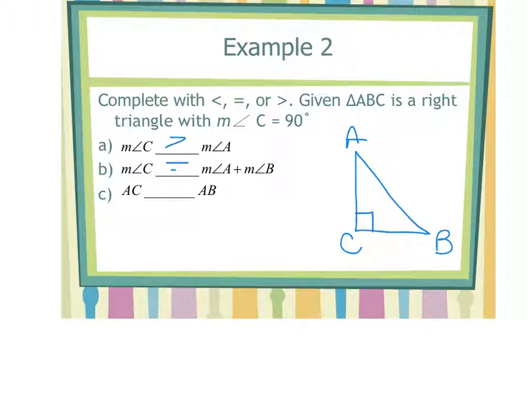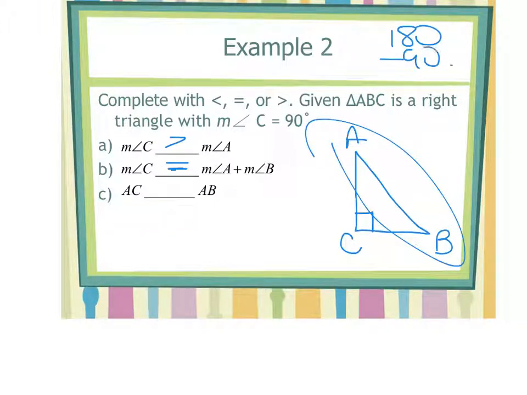We learned a corollary. Remember, these two angles are complements. So if you have a right triangle, the other two acute angles are always complementary. We learned this a while back. But if you forget it, just remember the three angles of a triangle add up to be 180. If you subtract out that right angle, that leaves you 90 for the other two.